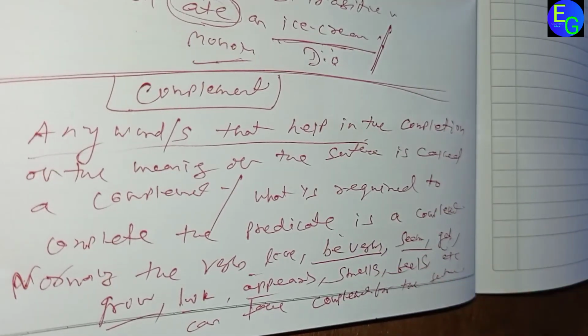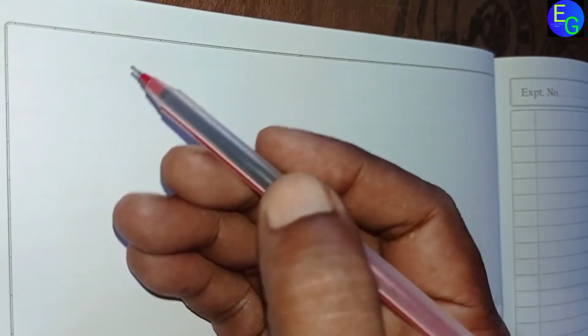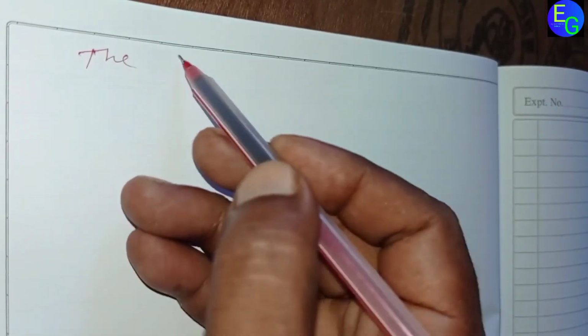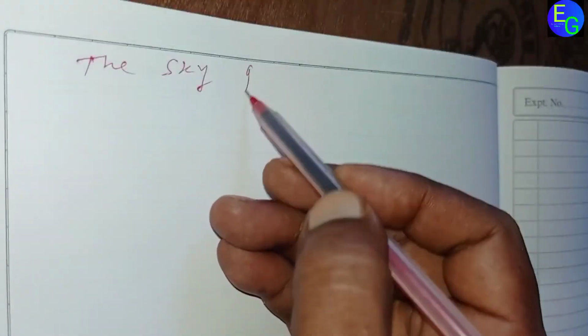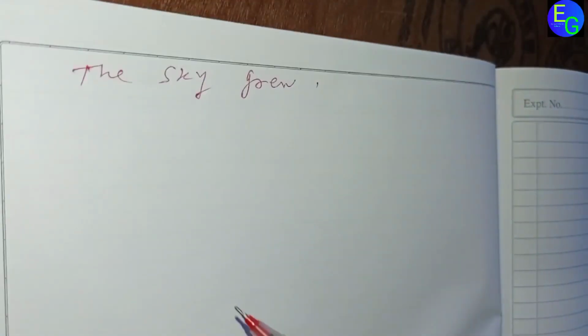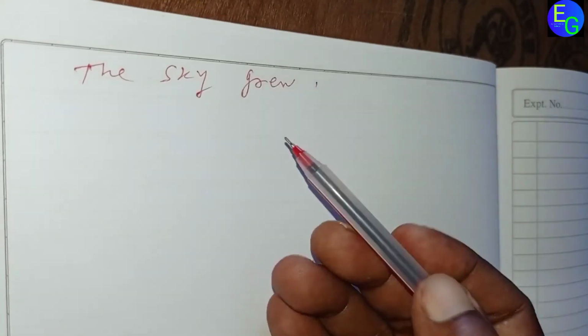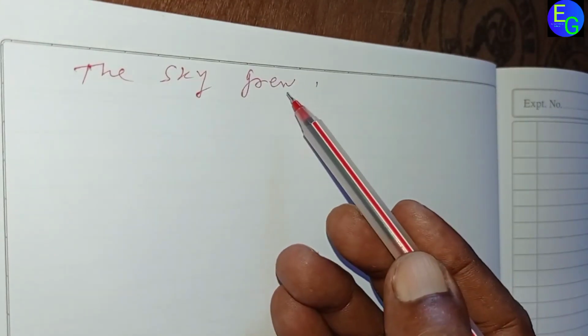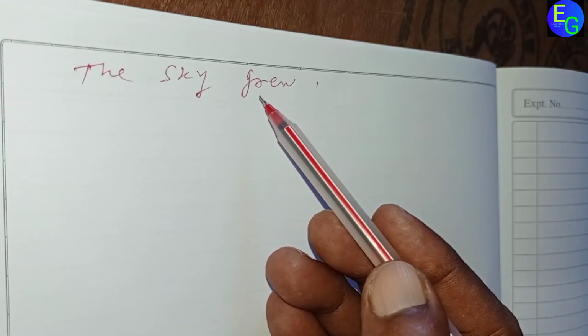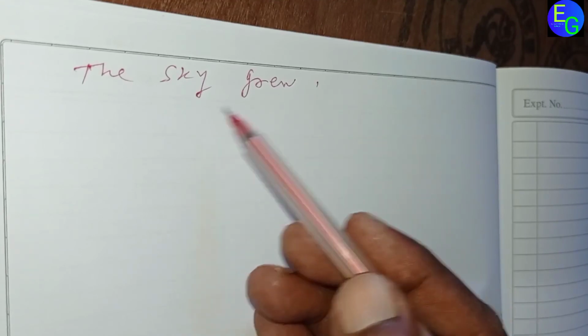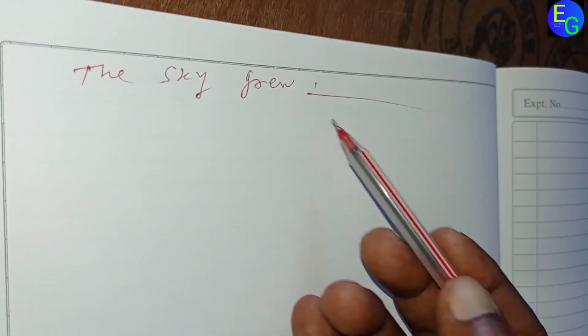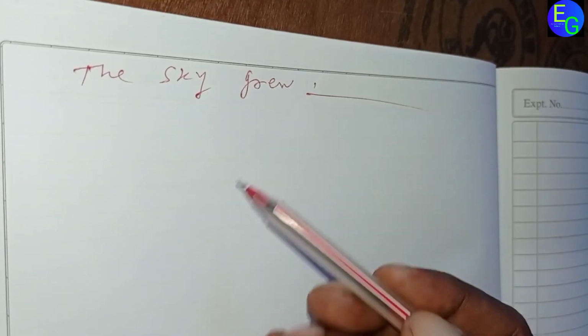Suppose I write, the sky grew. Here, what does this mean? Is this a complete sentence? Is it fully meaningful? Certainly not. The sky grew. So here the sentence remains incomplete.